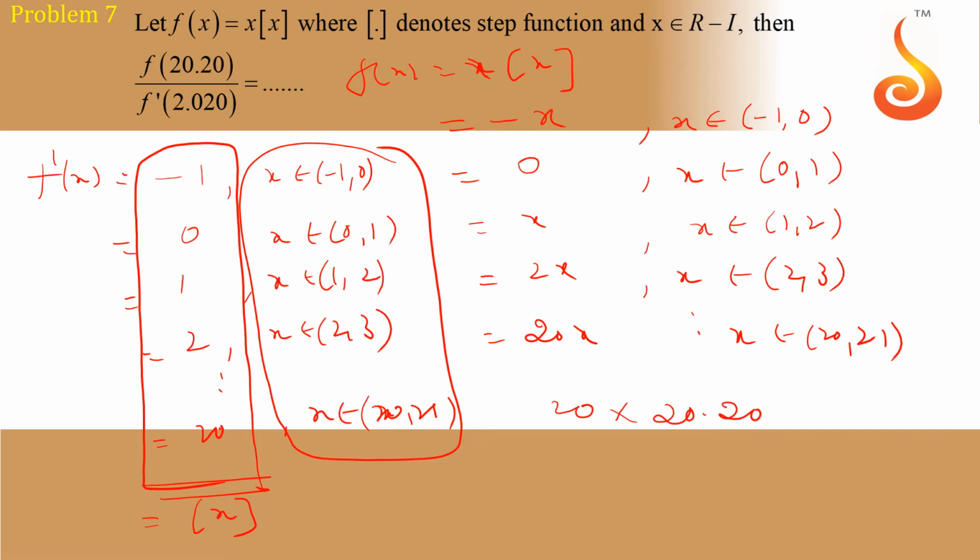So x is 20.20 into the step of that value, which is 20, divided by f'. So what is f'? f' is the step of x, I told you. What is the step of 2.020? It will be 2. 2 ones are 2, 2 tens are 20. So the answer is 202.0, that is 202.